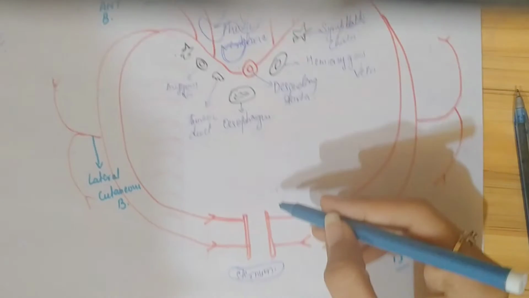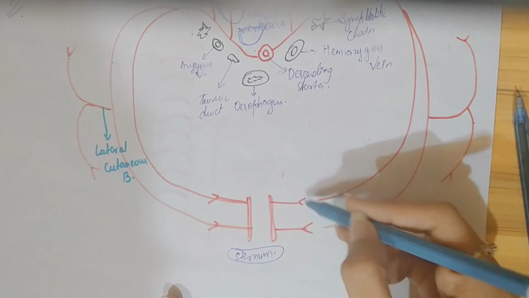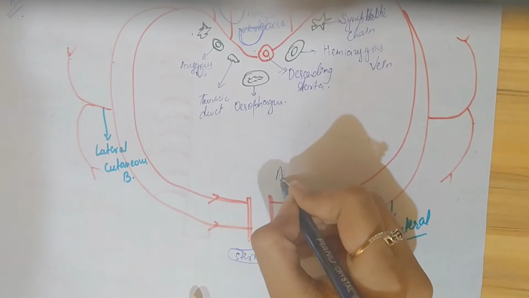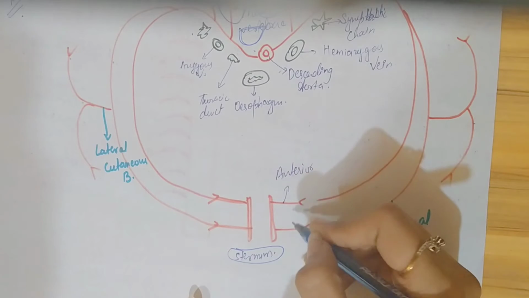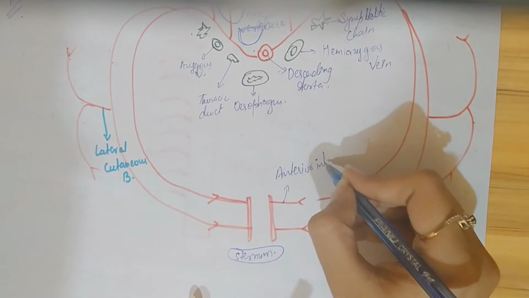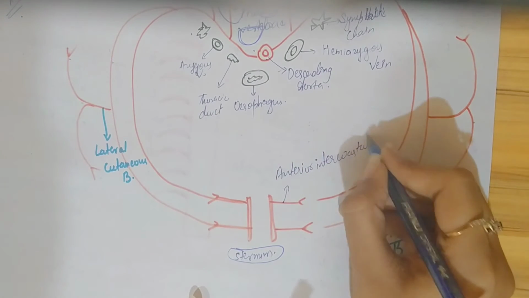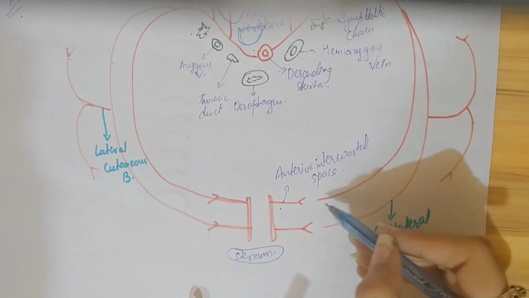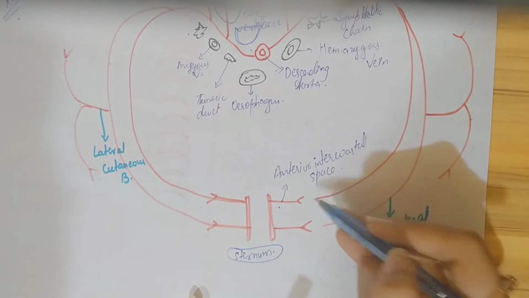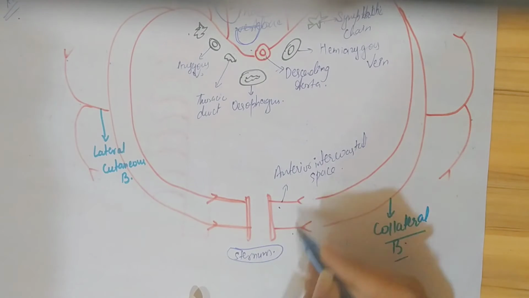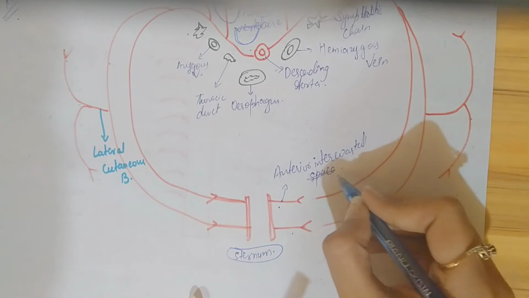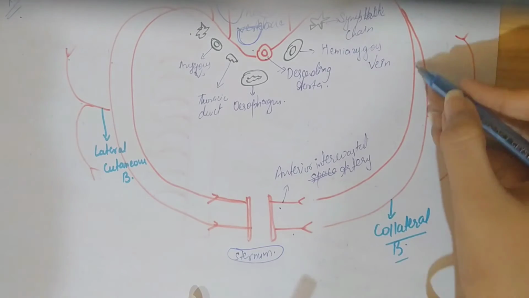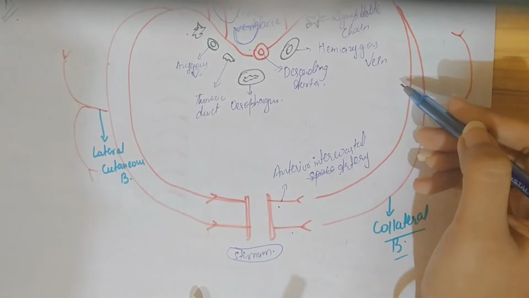From here you can see this is the anterior intercostal artery. As I told you, there are two anterior intercostal arteries in each space. The upper one anastomoses with the posterior intercostal artery itself, and this is the lower anterior intercostal artery. The lower one anastomoses with the collateral branch and not with the posterior intercostal artery itself, right?